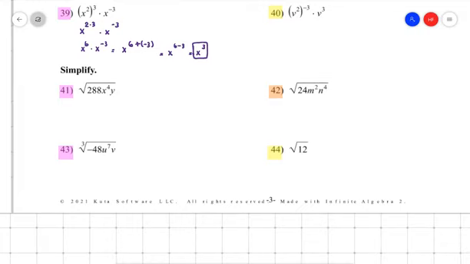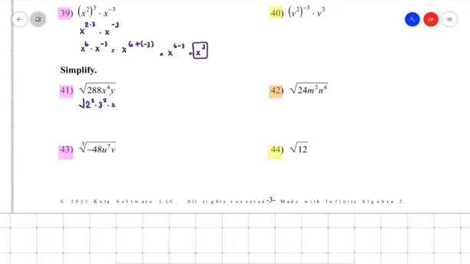Next section, we're simplifying our radicals. So now we need our calculator to do our prime factors. So we're going to take the prime factors of 288. And we get 2 to the 5th power times 3 squared.